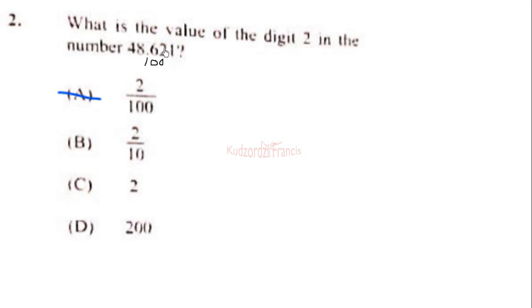So this is out of 10, this is out of 100, then this is out of 1000. So for the 2 here, the value is 2 out of 100. So the correct choice is A.